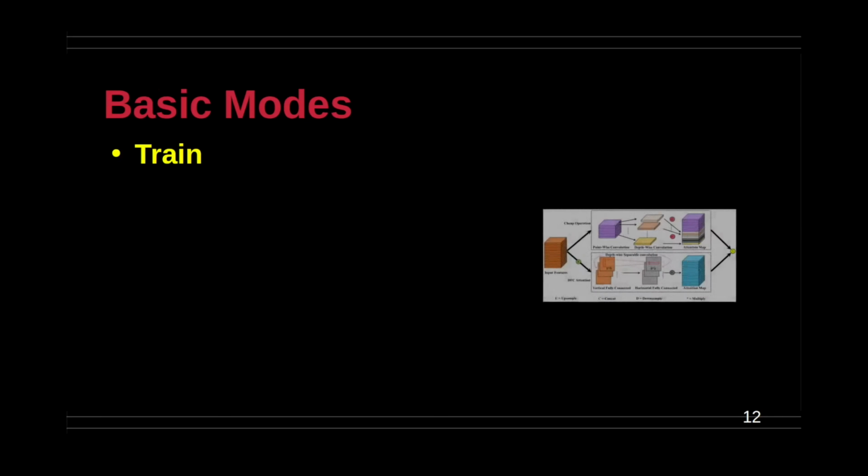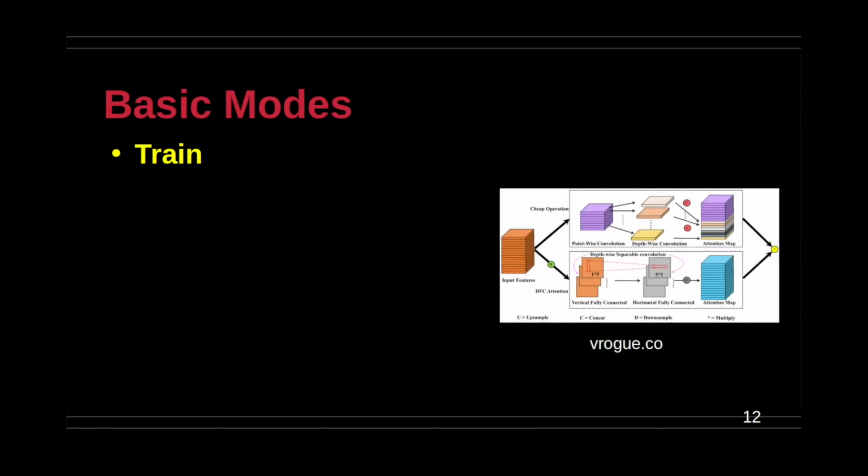It is important to understand the different modes supported in YOLOv8 to gain the maximum benefit from the models. These modes are train mode, to fine-tune your model on custom or preloaded datasets.